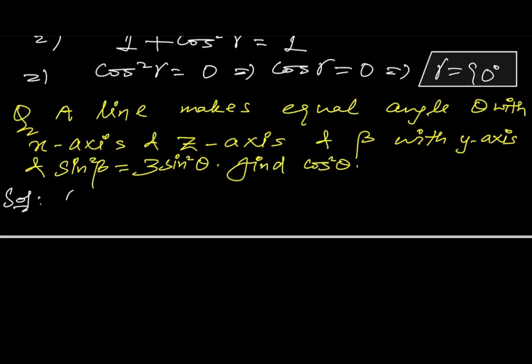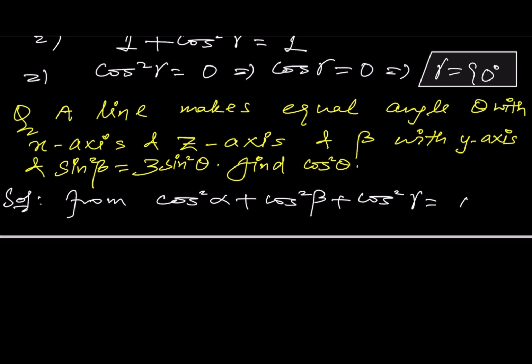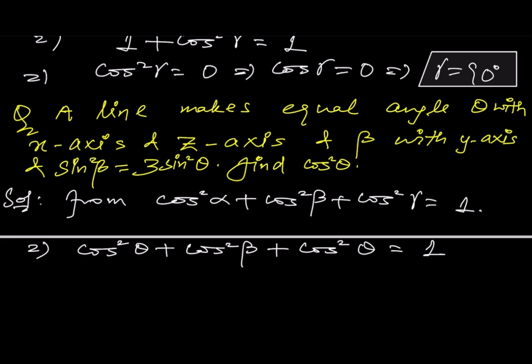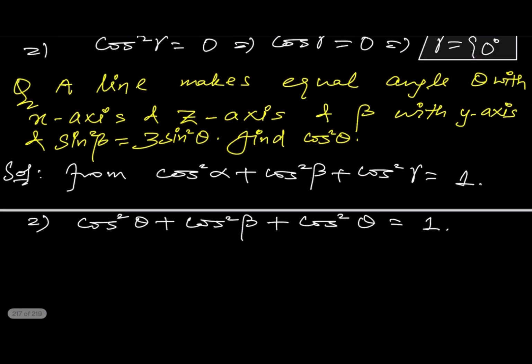So from cos square alpha plus cos square beta plus cos square gamma is equal to 1, as alpha and gamma are the same and equal to theta, I can write cos square theta plus cos square beta plus cos square theta is equal to 1, right?